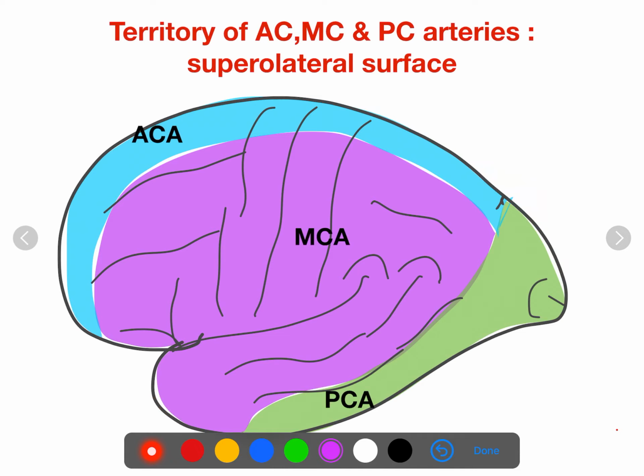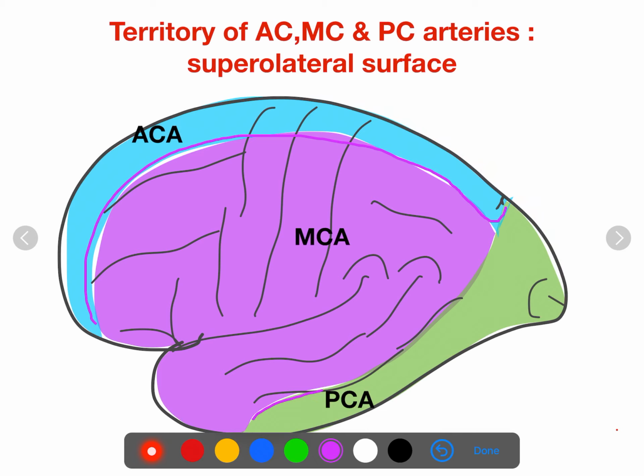This is a diagram. You may get a question about the diagrammatic representation of the territory of each cerebral artery. In that case, you have to draw three surfaces: the supralateral surface, medial surface, and inferior surface. Over the supralateral surface, a small region along the medial margin is supplied by the anterior cerebral artery.